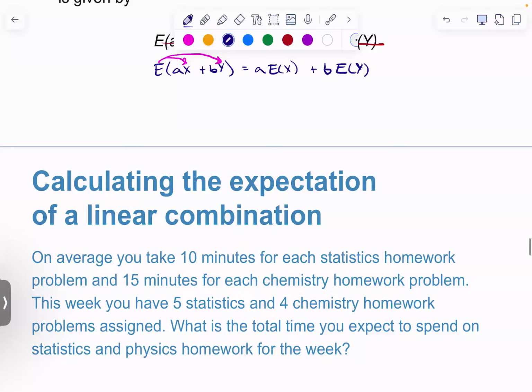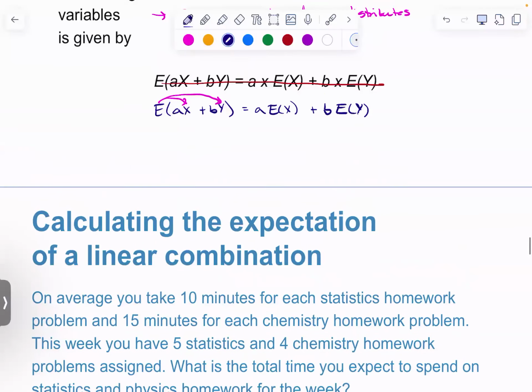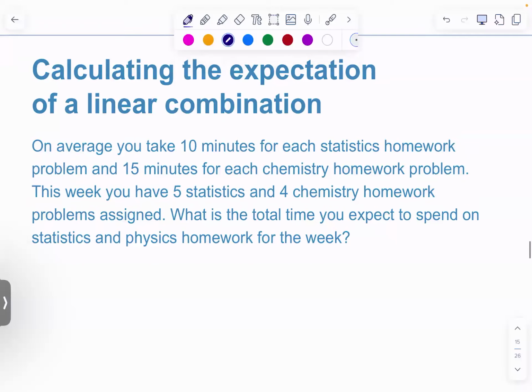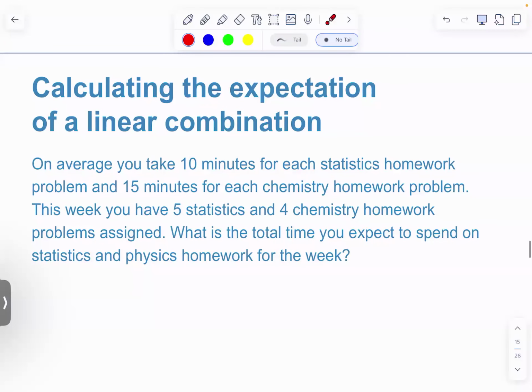For example, any questions about that one before we do this example? On average, you take 10 minutes for each statistics homework problem and 15 minutes for each chemistry homework problem. This week, you have 5 stats problems and 4 chemistry problems assigned.